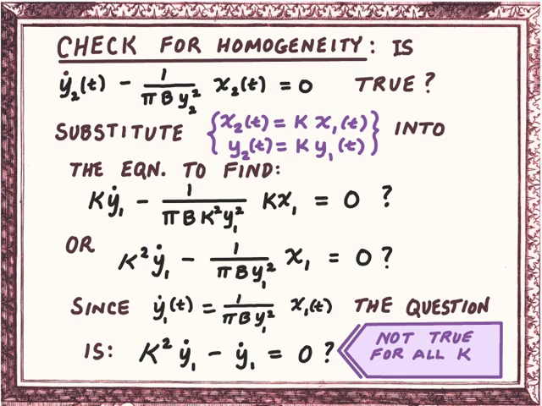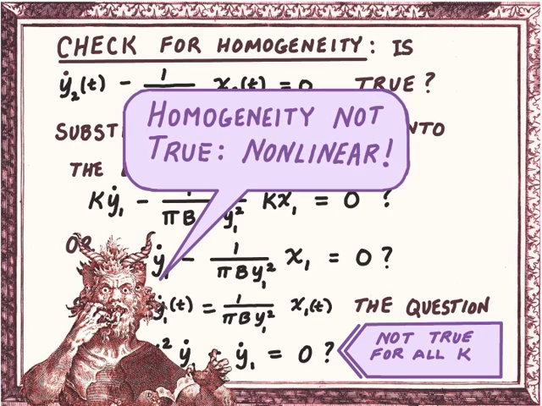This produces the relationship k squared y1 dot minus y1 dot. And we ask the question, does this equal 0? And it does not for all values of k. For homogeneity, this would have to be true for all values of k. And therefore, this system does not obey homogeneity, and it is nonlinear.